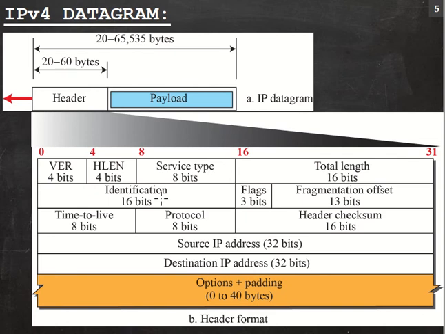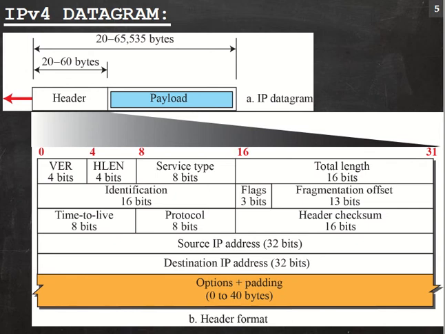At the receiver, it is multiplied back by 4 to find the total length. So at the sender it is divided by 4, that value is inserted here and sent. At the receiver, this value is taken and multiplied by 4 to calculate the total length.